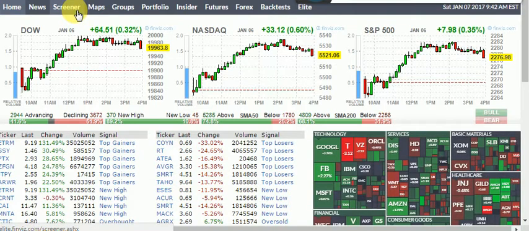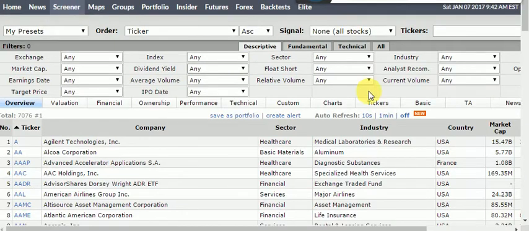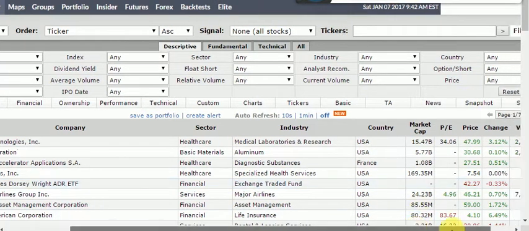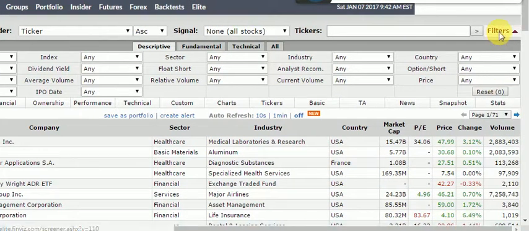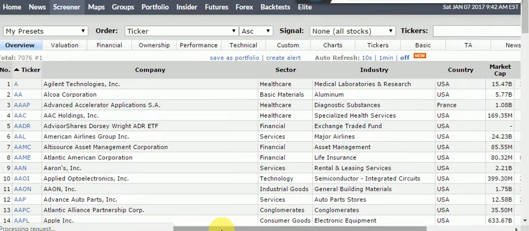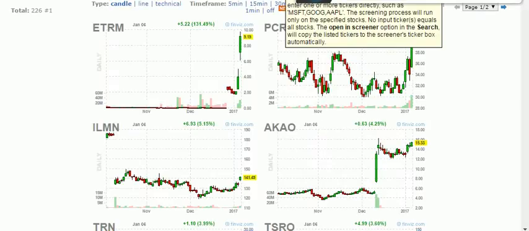So there it is, the screener. I'm going to remove these filters. Okay, so why don't we go through this whole list, take a look at the stocks for next week and see what makes sense, what doesn't.